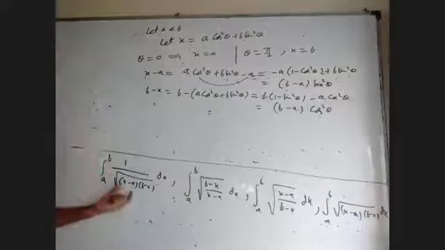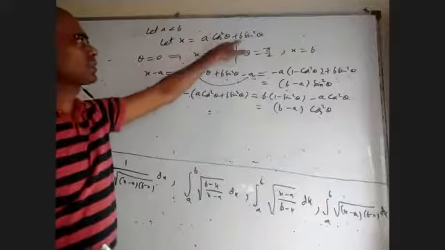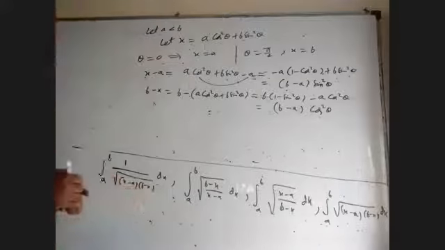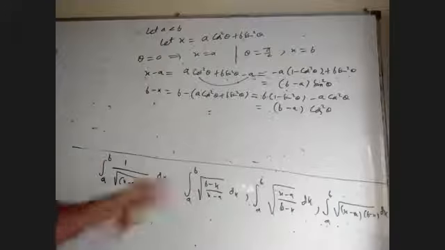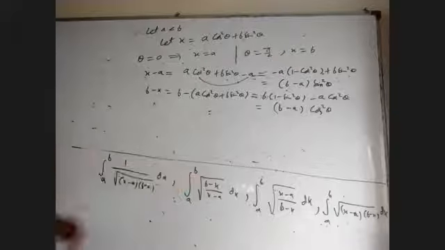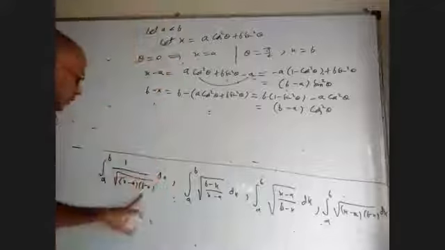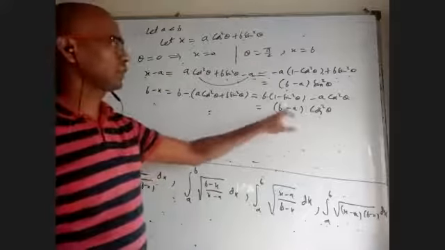So we are able to write everything in terms of cos or sine. That's the main thing. So x equal to a cos square theta plus b sine square theta. Who got the idea from where, that is a different thing. But we can see what is the benefit of that. All the limits are becoming 0 to pi by 2. Wherever x minus a is there, I can write b minus a sine square theta. Wherever b minus x is there, I can write b minus a cos square theta.